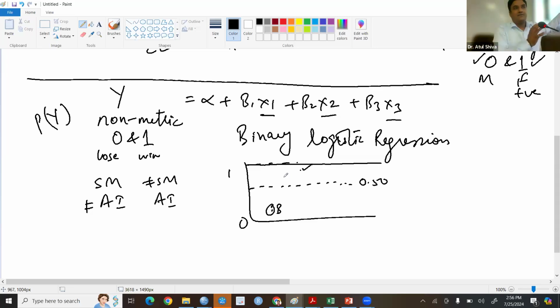With the past 5 years data, you can check whose probability is above 0.50, they are likely to pass. Logistic regression will give you a probability for every student, and you can check whether students are going to pass or fail. So pass, fail, win, lose, social media user, not user. Binary logistic is another technique which you can apply.